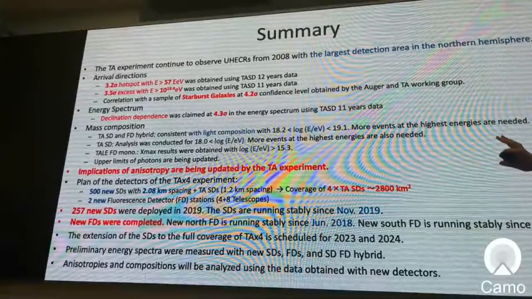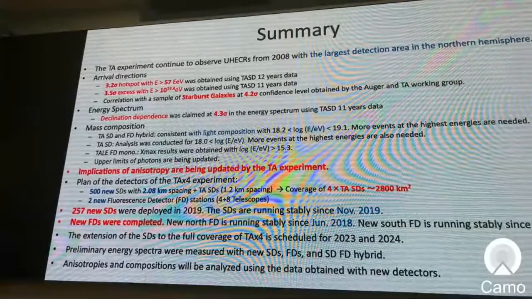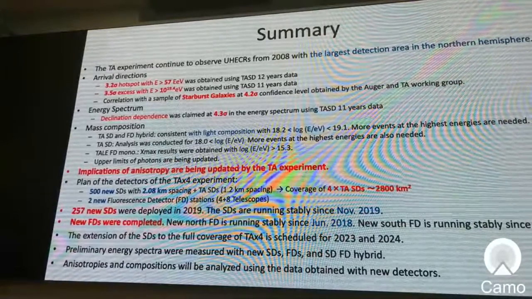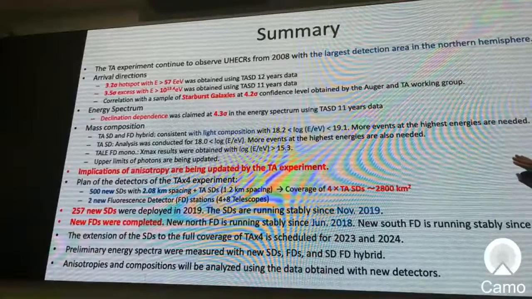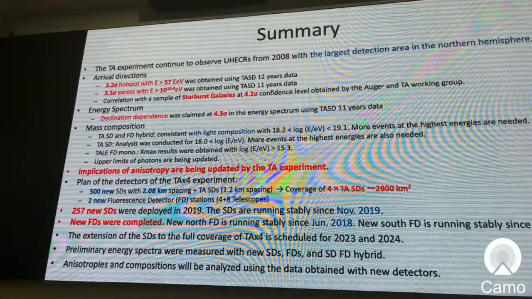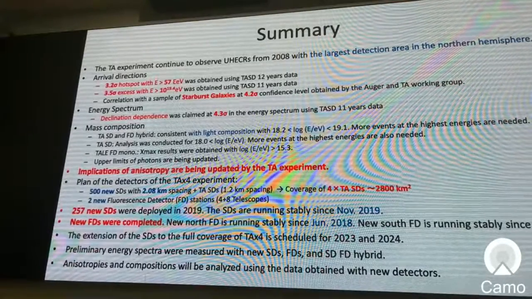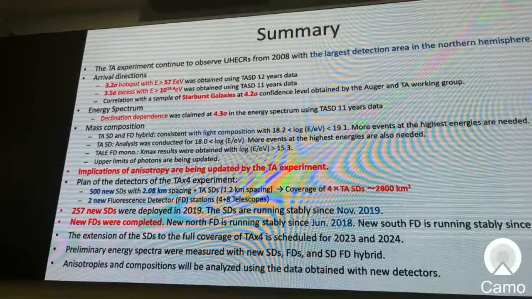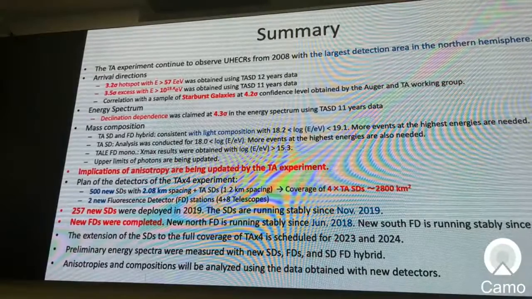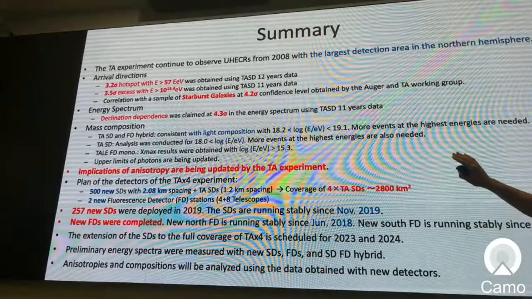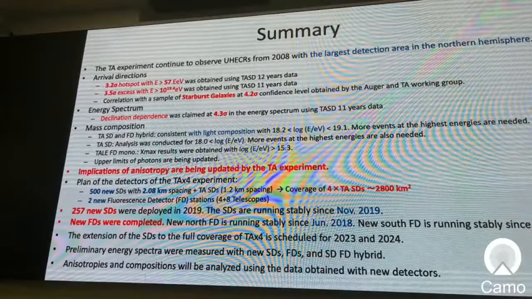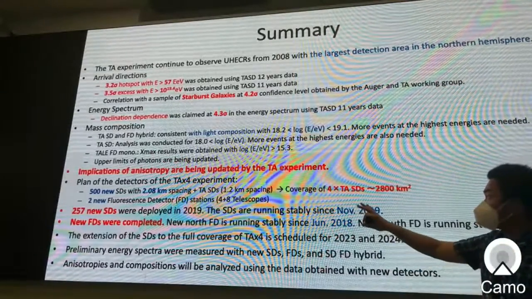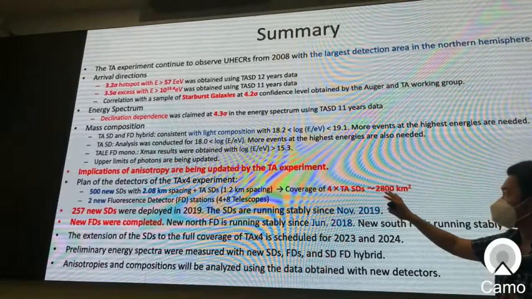And in arrival directions, we found a 3.2 sigma hot spot above 57 EeV, a 3.5 sigma excess at 10 to the 19.4 electron volt, and the correlation with starburst galaxies at 4.2 sigma significance, and the spectrum declination dependence also claims 4.3 sigma, and these implications of anisotropy are being updated.